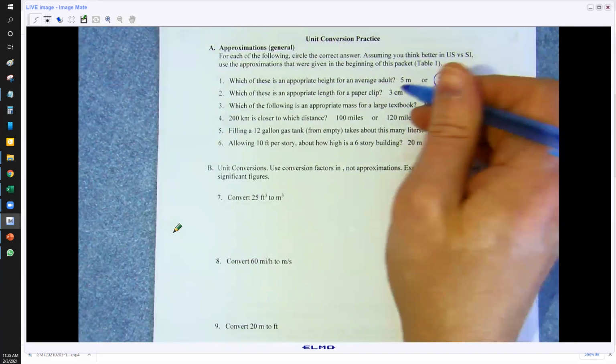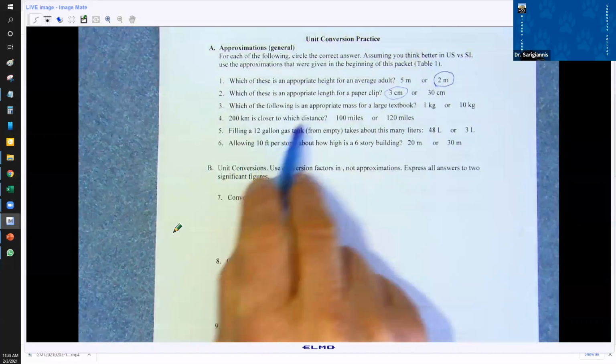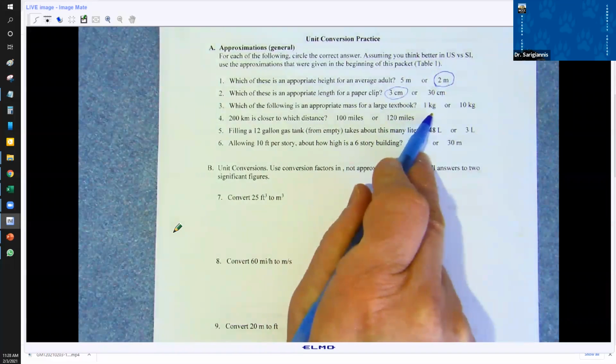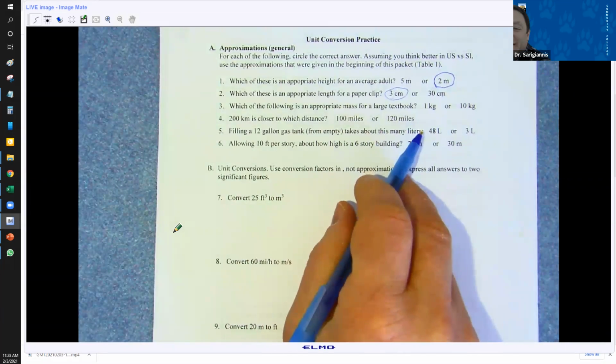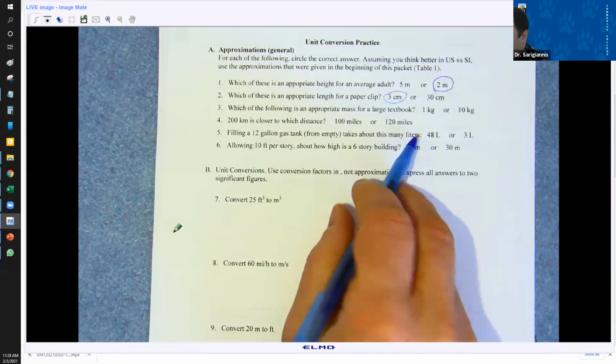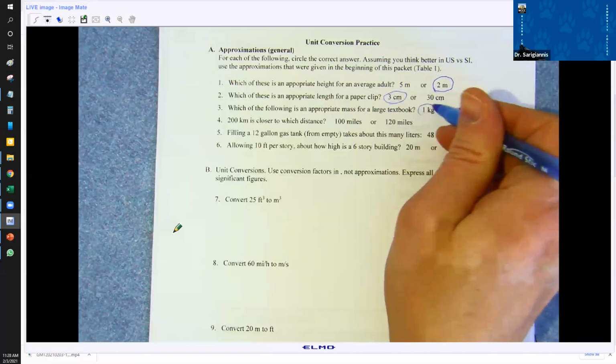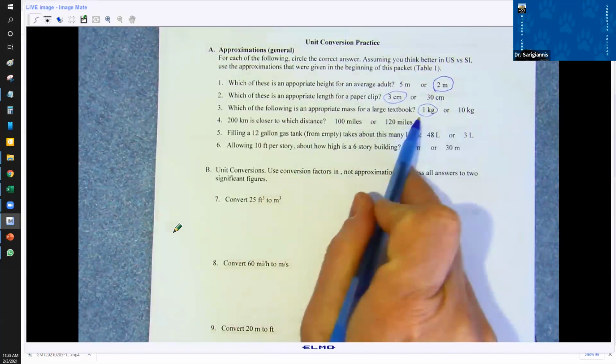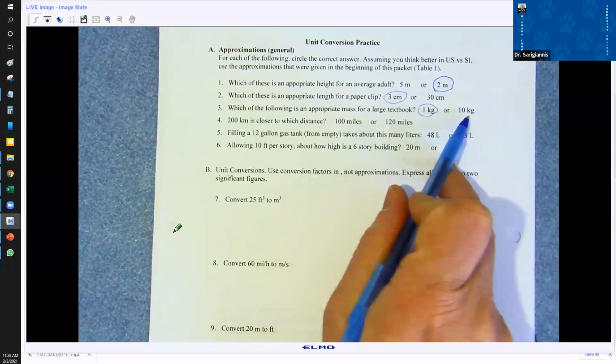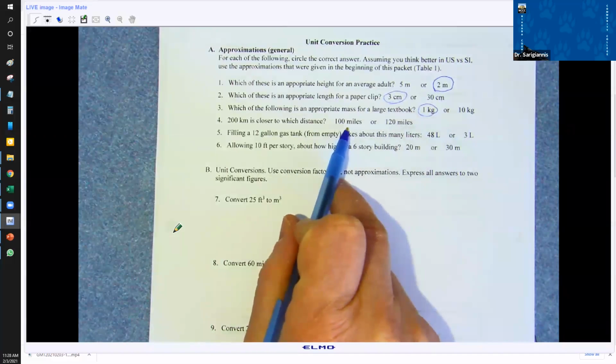3. Yeah. Appropriate mass for a large textbook, 1 kilogram or 10 kilograms? 1. Yeah, 1. So this is like 2.2 pounds versus a 20-pound textbook. There's a book in the library.